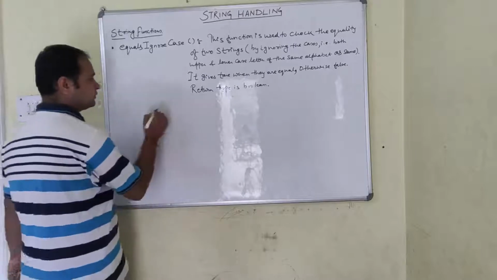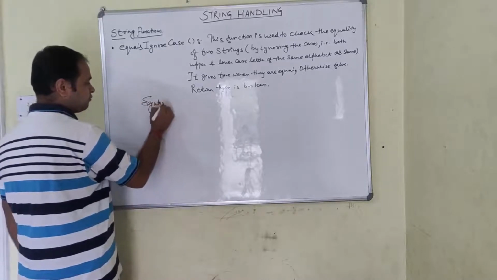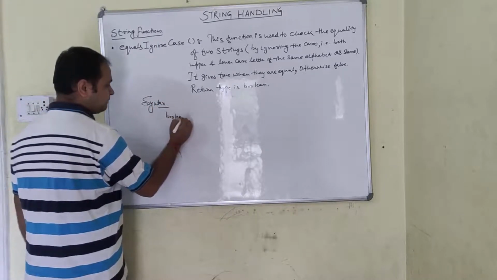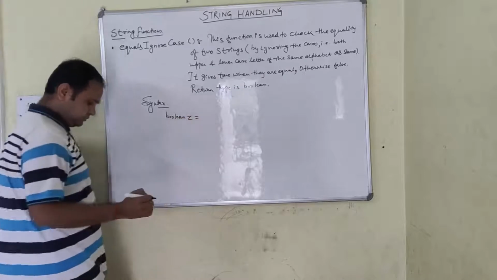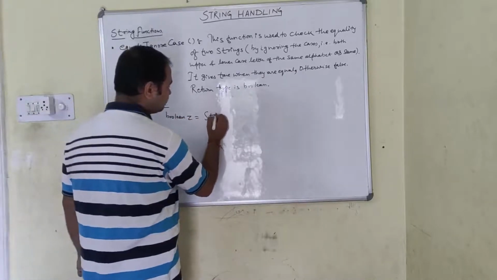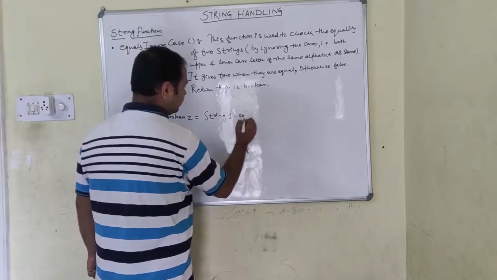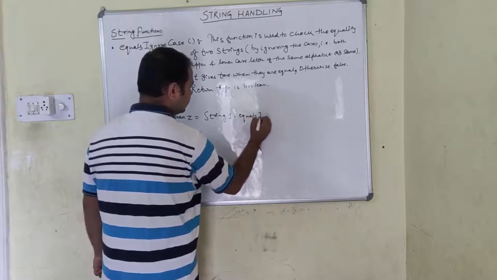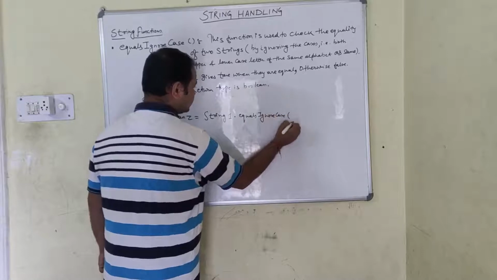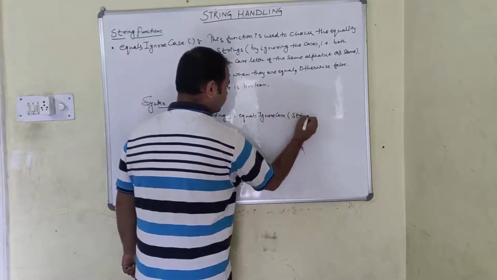Okay, so we write here the syntax: boolean z equals to string1.equalsIgnoreCase(string2).